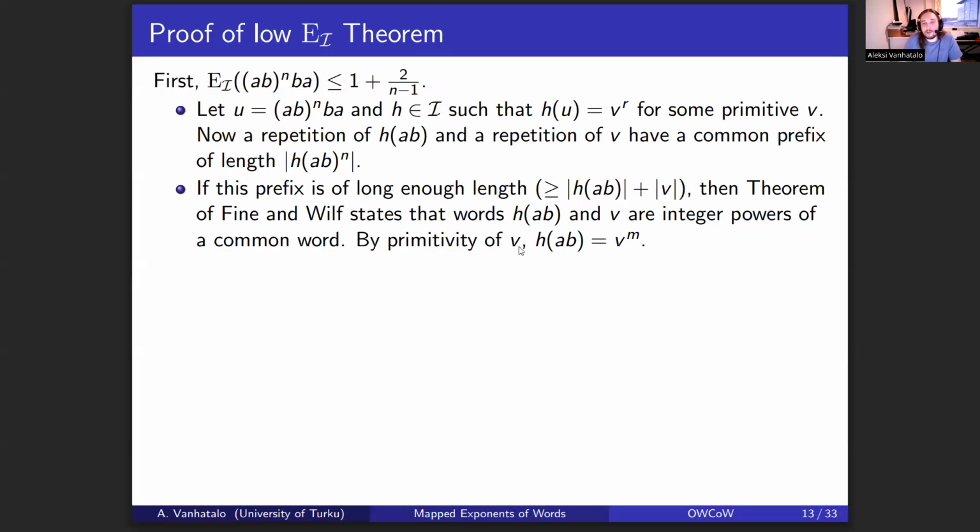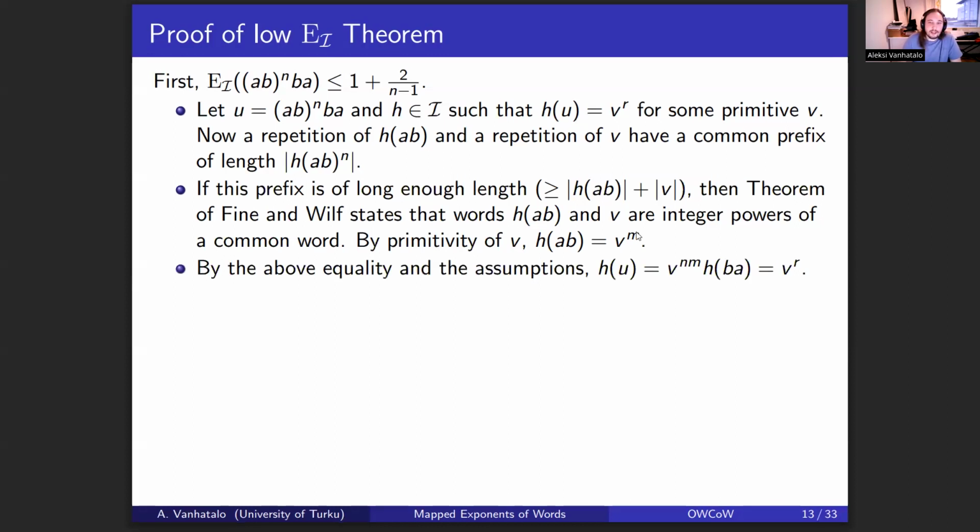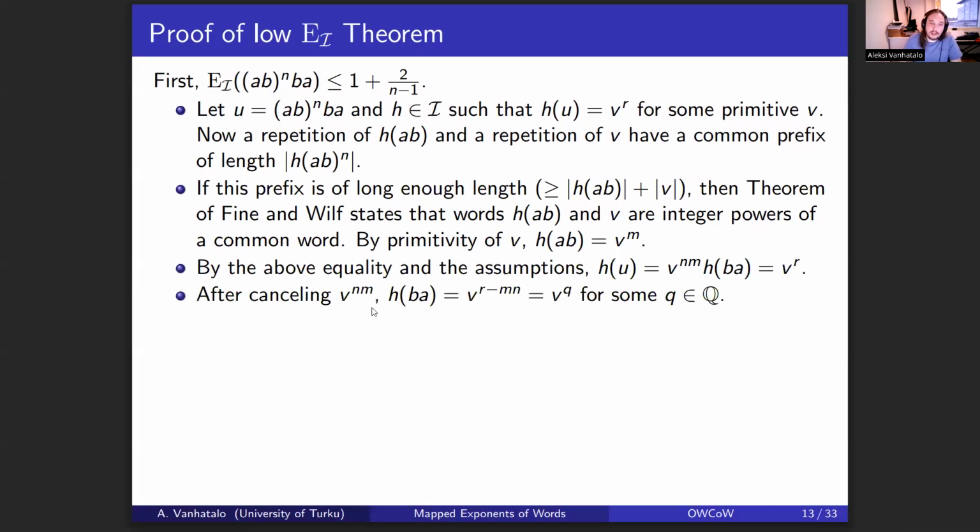And since V is primitive, we have that the image of AB is V to the power of M for some integer M. And then we can apply this equality to our assumption here to obtain this. And then we can cancel out the full repetitions of V to get that the image of BA has to be a fractional repetition of V.